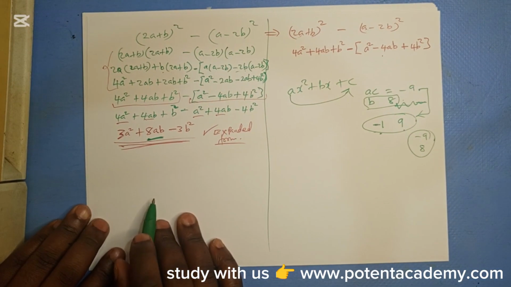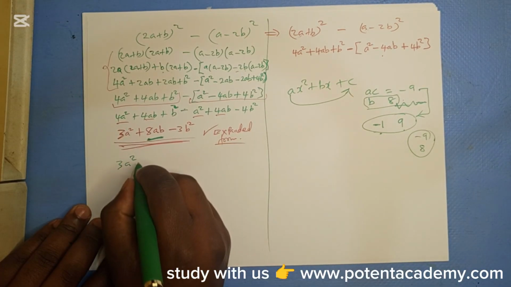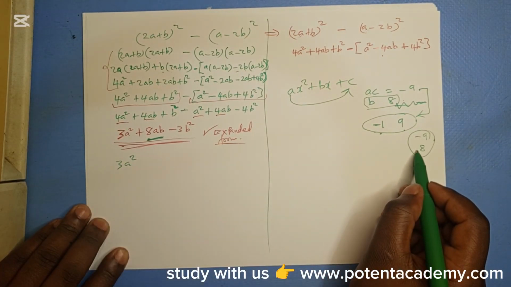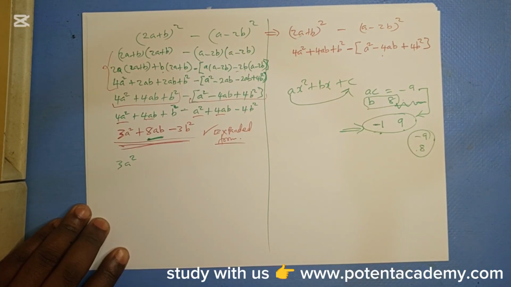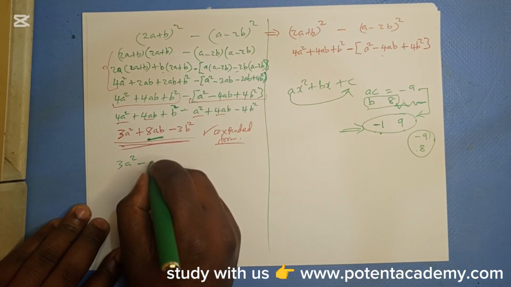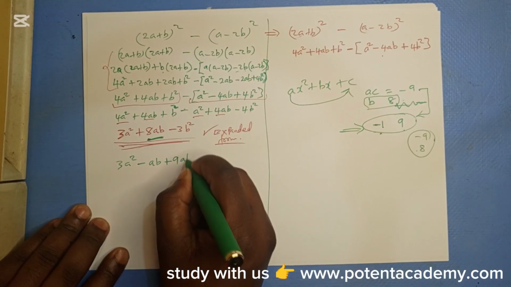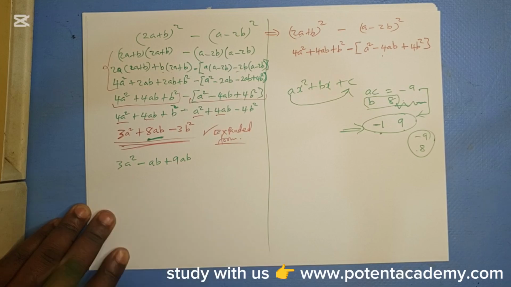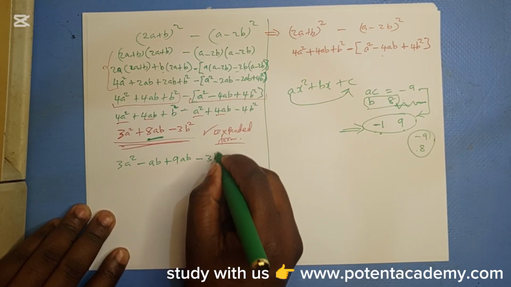So we use them to expand here. These are the factors we are going to use: 3a squared minus ab, then plus 9ab, or you can start with either. You can start with the plus 9ab, then minus ab, minus 3b squared.